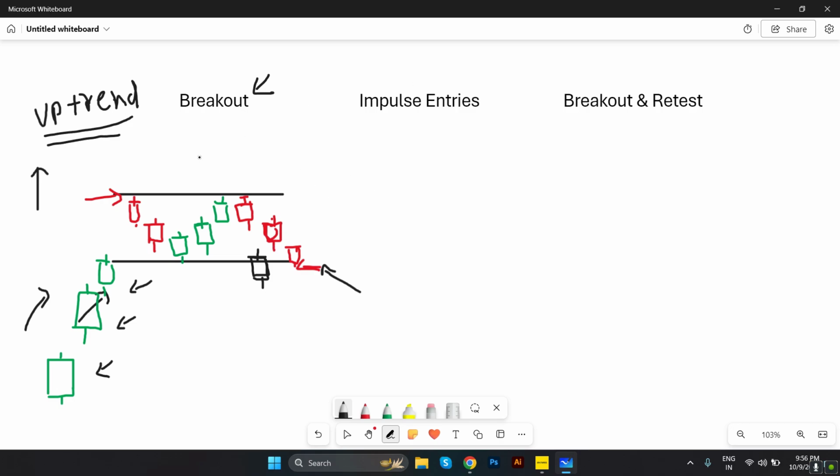This is valid, I would say, on a 30-minute chart or a 1 hour chart. These are the two basic entry time frames that I look at. You can look at the 15-minute time frame, but 15-minute is a very weak confirmation, so generally I don't rely on it. 30-minute and 1 hour are considered strong support or strong resistance.